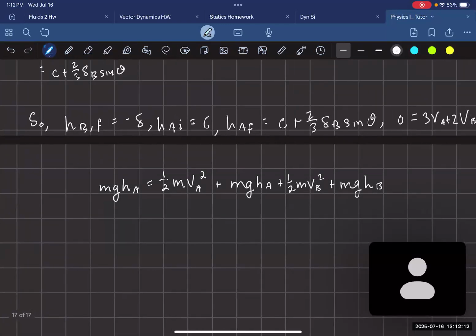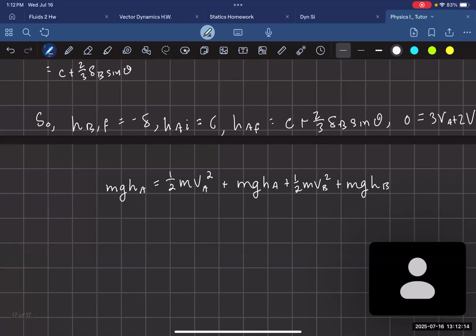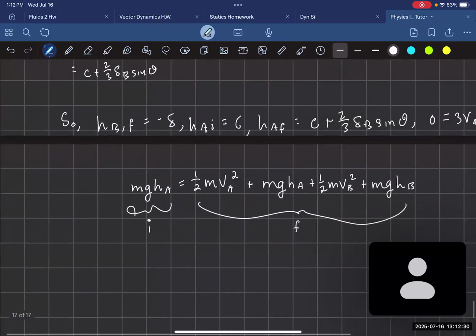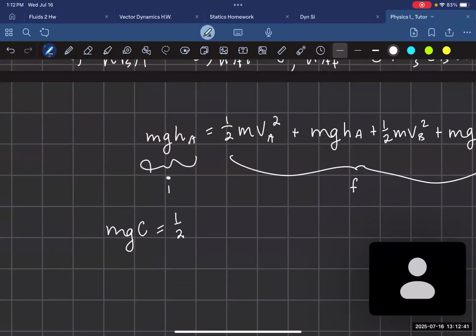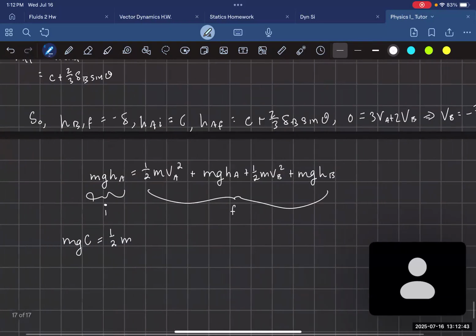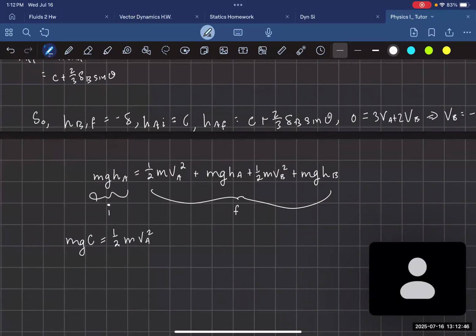We know that this side is, remember, the initial side, and this right here is the final. So HA initial is going to be just some constant, equal to 1/2 MV A squared plus MG.